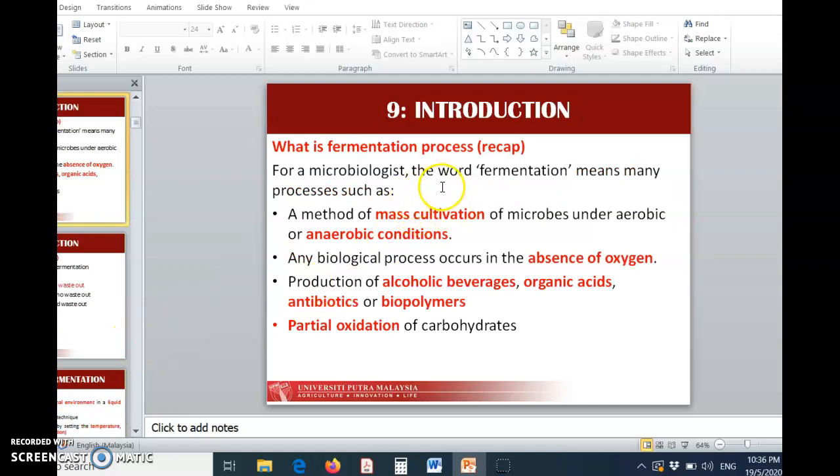Okay, for microbiologists, the word fermentation means many processes, for example, mass cultivation of microbes under aerobic or anaerobic condition. Certain biochemists have a stricter definition of fermentation, whereby you must use anaerobic conditions only. If you use aerobic condition, it is not considered as fermentation.